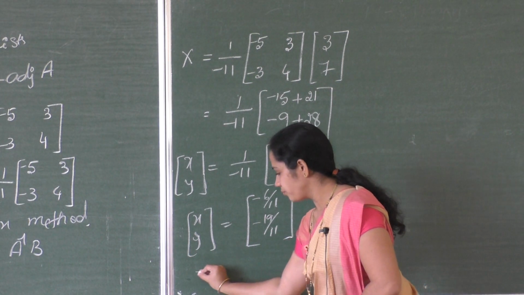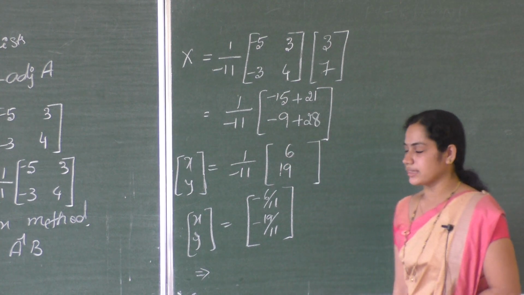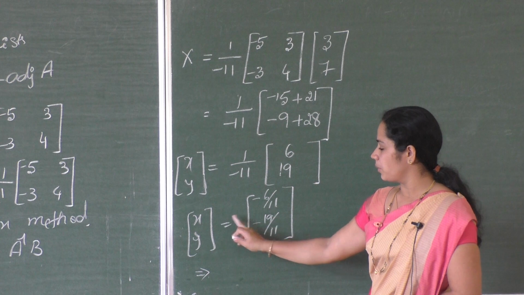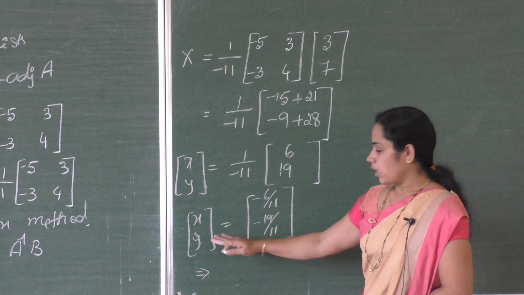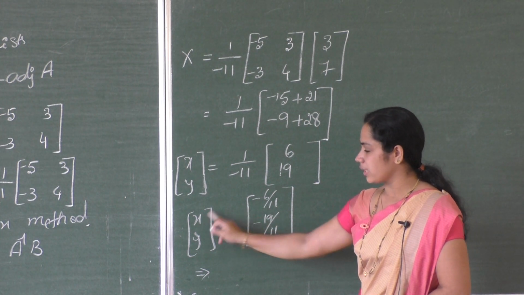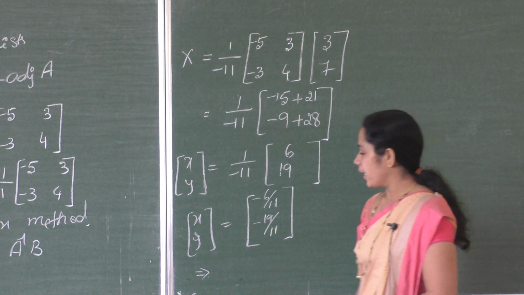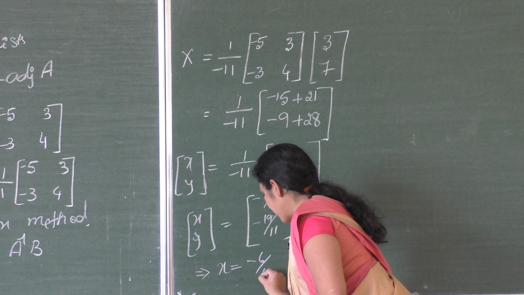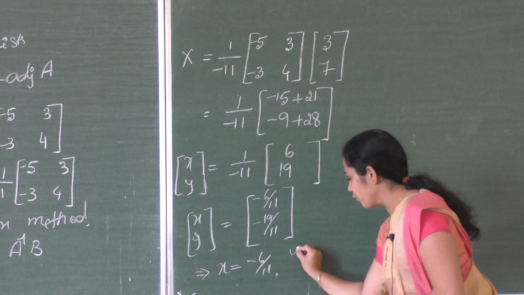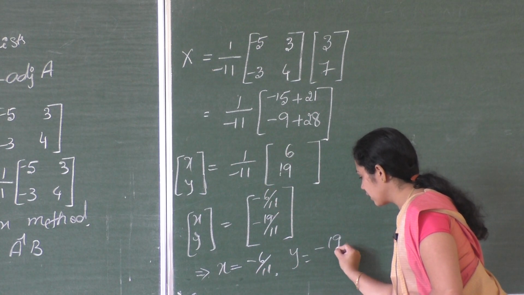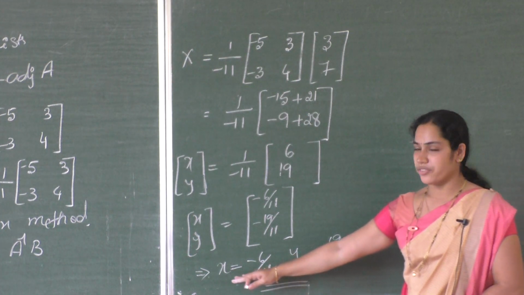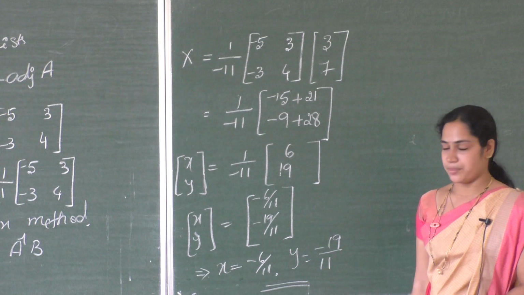So what does this imply? If two matrices are equal, then their corresponding elements are equal. Therefore x is equal to -6 by 11 and y is equal to -19 by 11. This is the value for x and y.